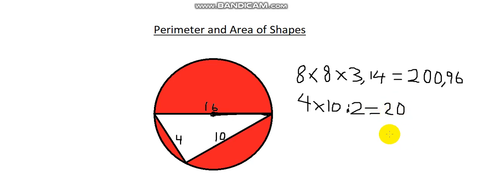So what I would have to do in order to find the red part here is subtract the area of the triangle from the area of the circle. That means I would have to do 200.96, take away 20. But 20 is not a decimal number. How do I subtract a normal number, an integer, from a decimal number?